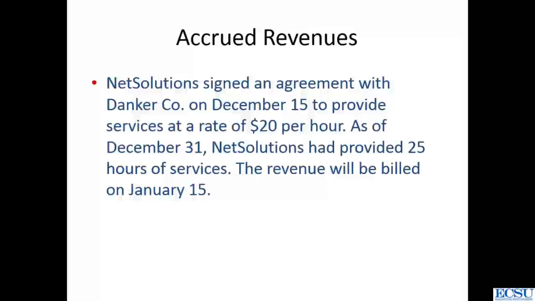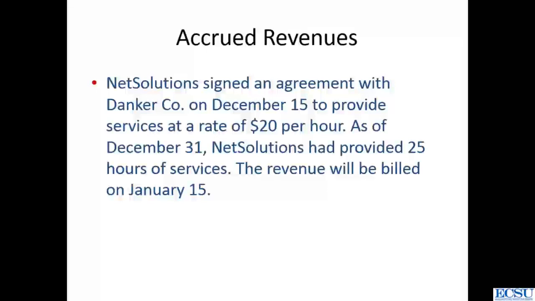As of December 31st, NetSolution has provided 25 hours, so that means I have earned that 25 hours of service revenue. Although I have not received it in cash because I'll be receiving that only in January, I'll be billing it only on January 15, and after that I'll be receiving.